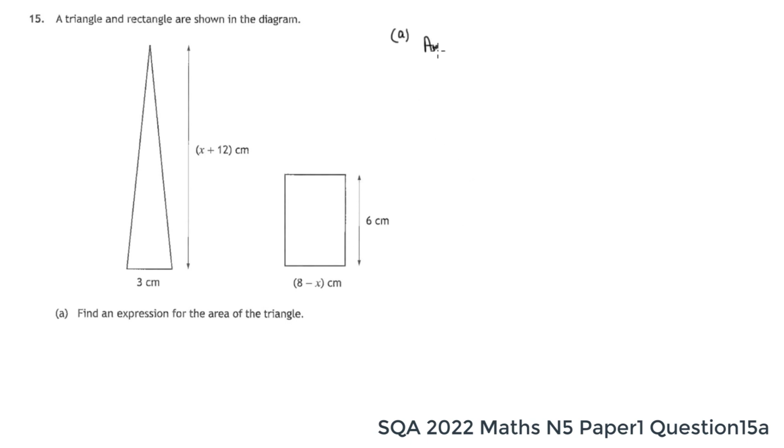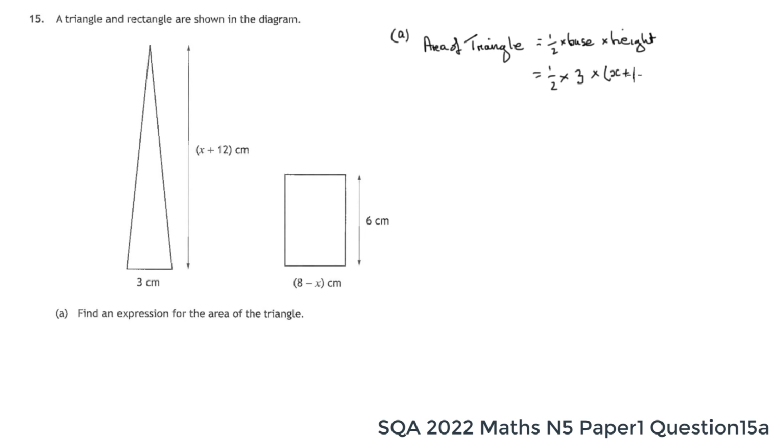Now, area of a triangle, one of the ways of finding that area is to take a half of the base length times the height, half base times height. So in this case, it's a half of the base, which is 3, and the height is an expression involving the variable x.